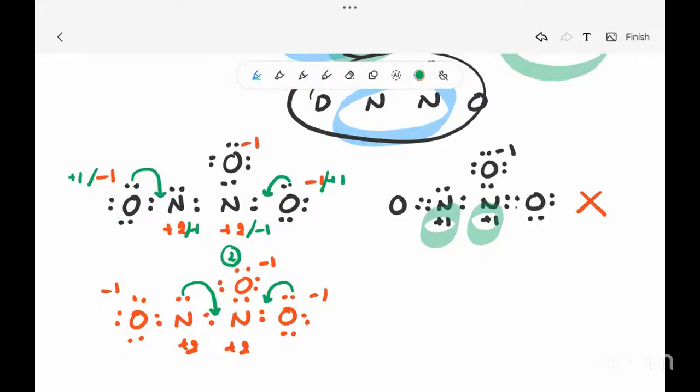See, nitrogen, nitrogen, oxygen and oxygen. There will be a double bond in between these two, and a single bond, and a single bond. Here, because of the dative bonds that we have constructed, this is plus 1, this is minus 1. Because of this one, this is plus 1, and this is minus 1, right?